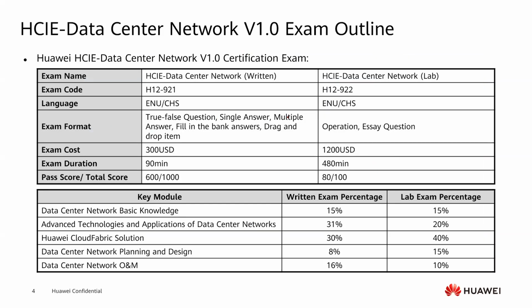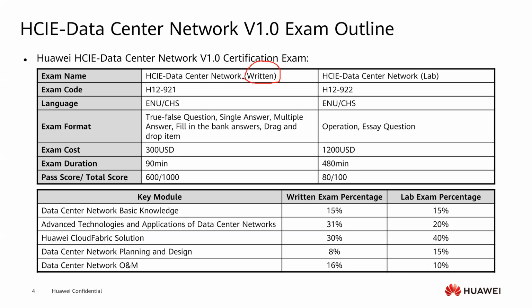This is the exam outline for our HCIE Data Center certification. First is the exam. The HCIE has a two-part exam, just the same as other IEs. One is the written exam.